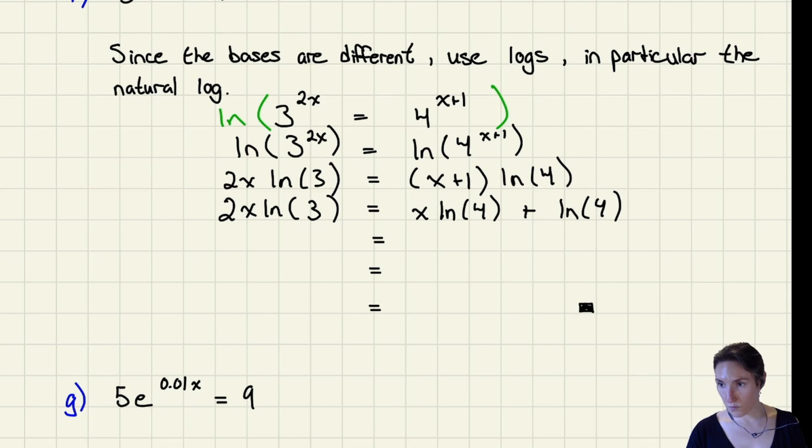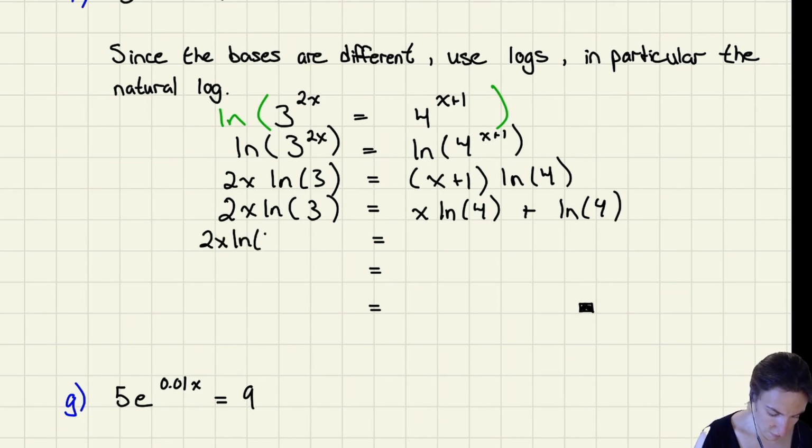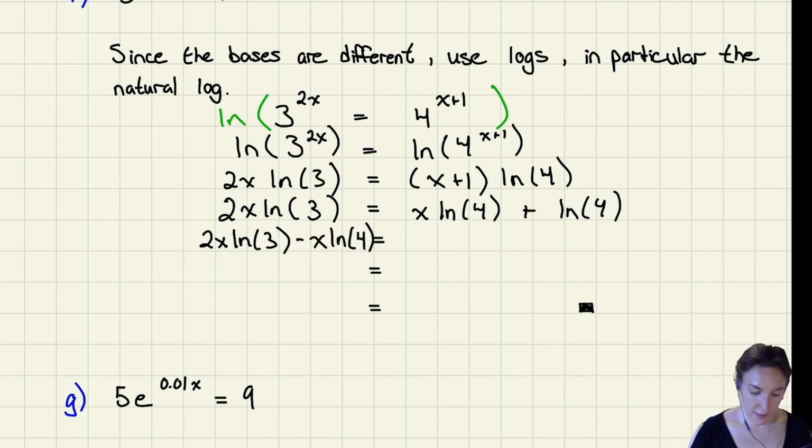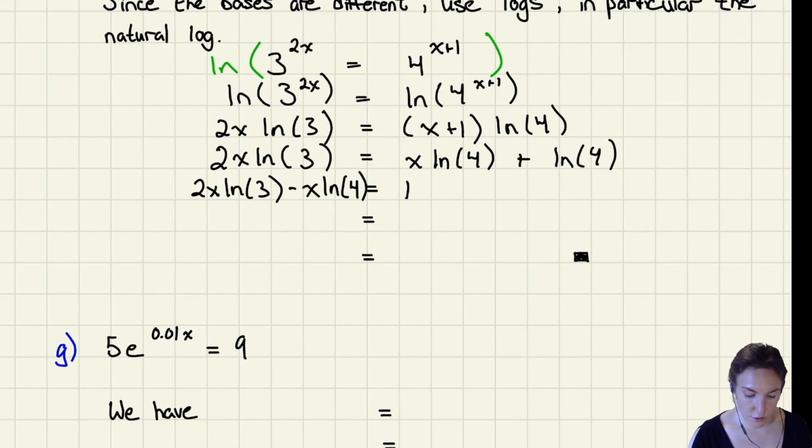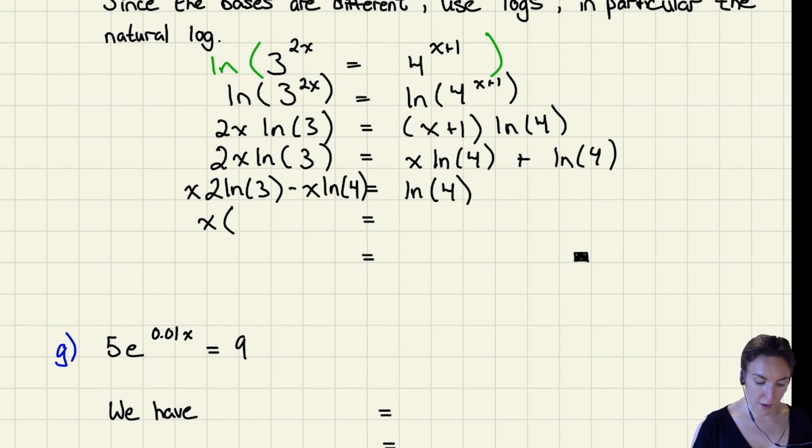I'm going to leave my ln 4 on the right side, and then I'm going to have 2x ln 3 minus x ln 4. And again, don't let these lns trip you out. Okay, this here is just a number. And then my ln 3 and 2 is just a number. So what I'm actually going to do to make it a little bit easier to see how you factor the x is I'm going to write it like that. So I have an x in both terms, so I'm going to factor it out. 2 ln 3 minus ln 4.